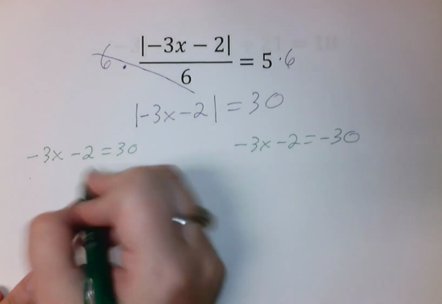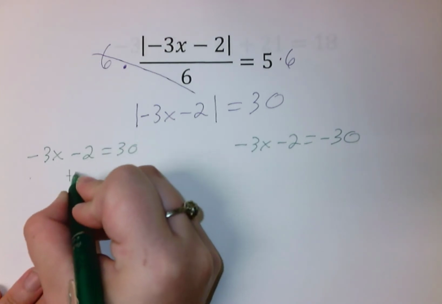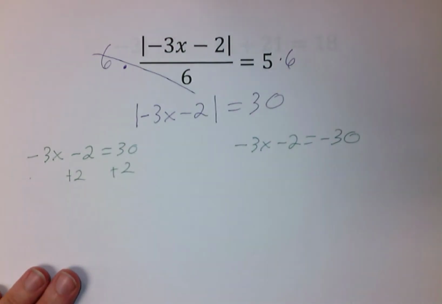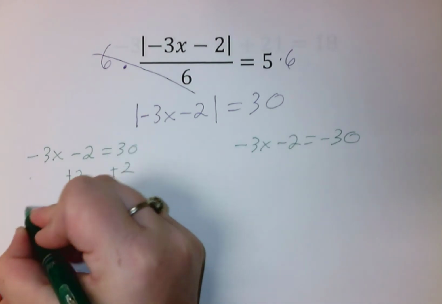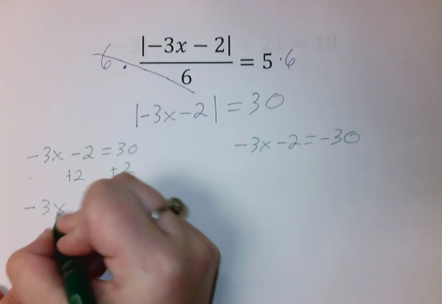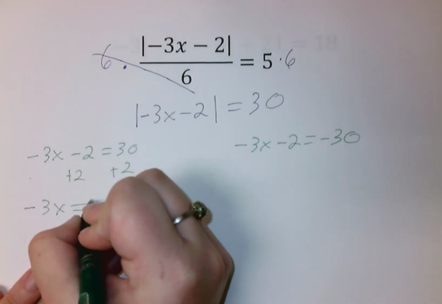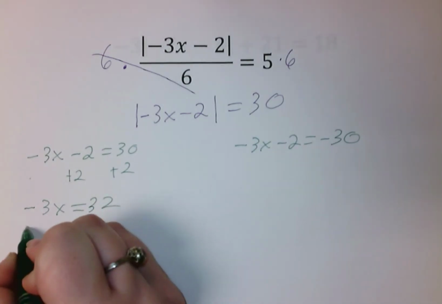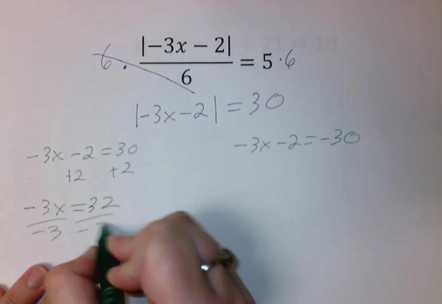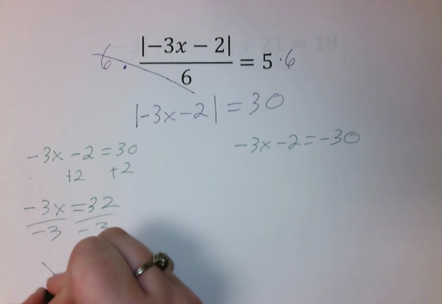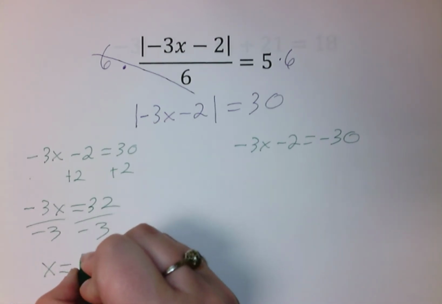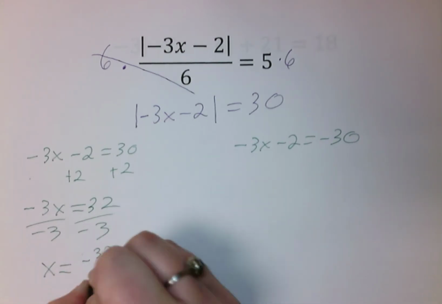Okay, solve my two-step equation now. Add 2. So we get negative 3x is equal to 32. Divide by a negative 3, and we get x is equal to negative 32 over 3.